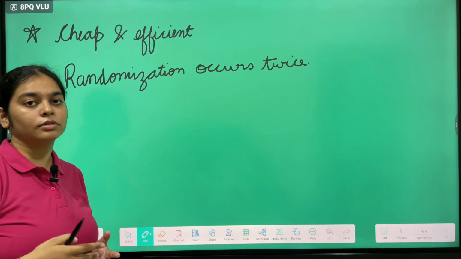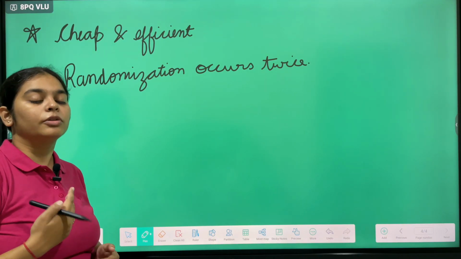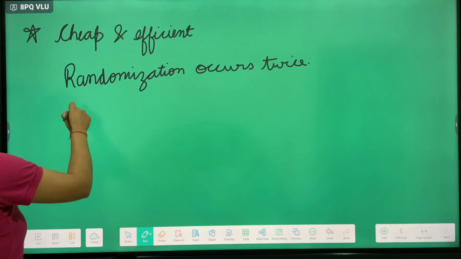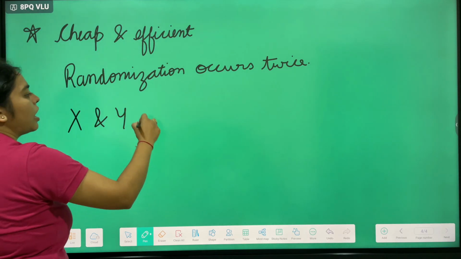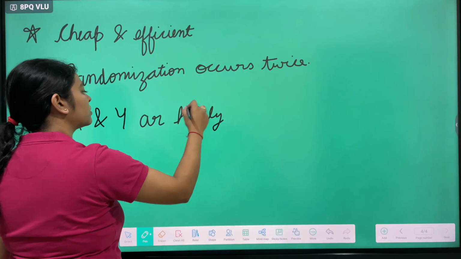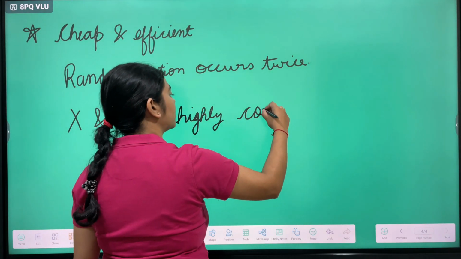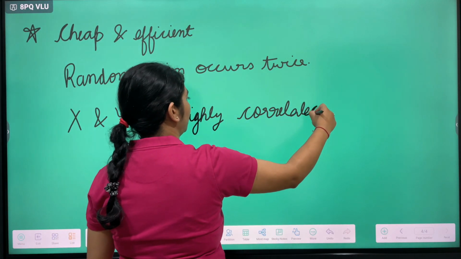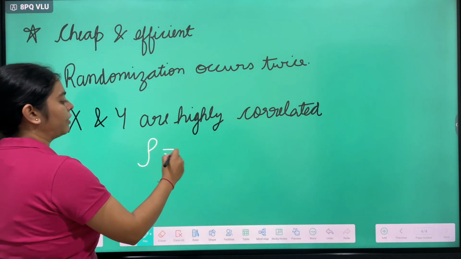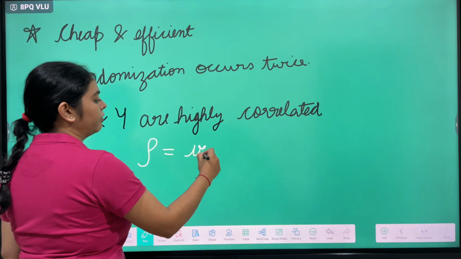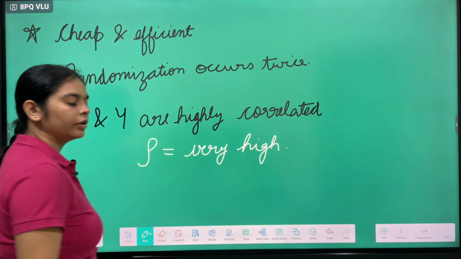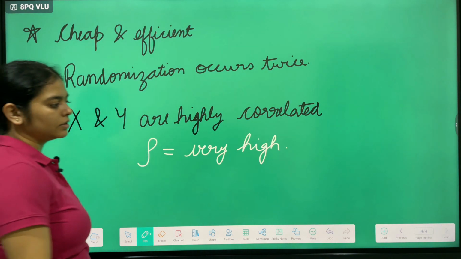So randomization is twice as compared to the first sample. And the third one is X and Y are highly correlated. It has to be highly correlated. If it is not, then what's the point of calculating the sample? Because the value of rho, correlation coefficient, is very high, right?